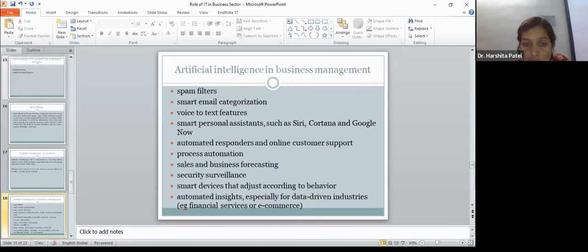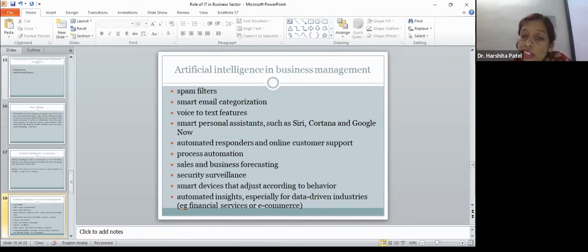Security surveillance: if any malware attack is happening to your business, and they are trying to steal the information, the important information that I told you, the data and information are very important. So that can be helped by these IT services again.